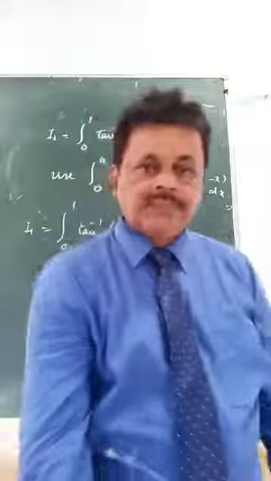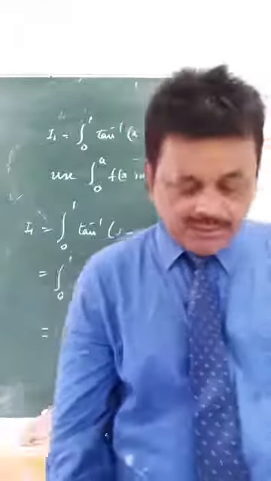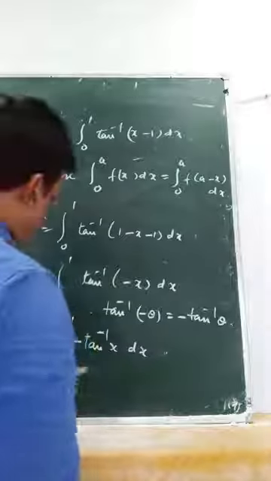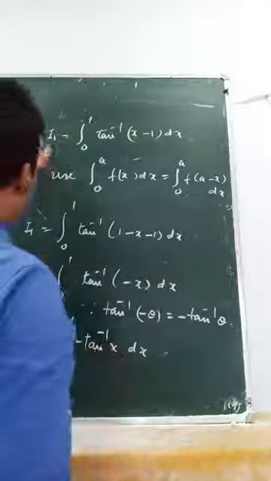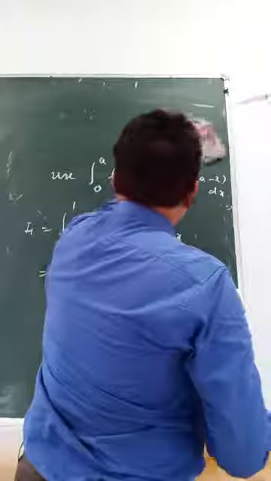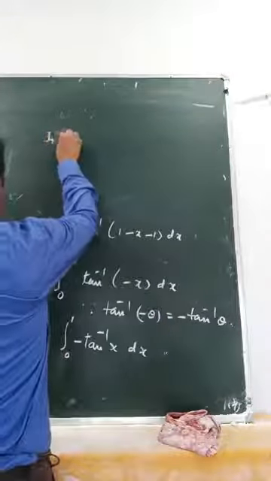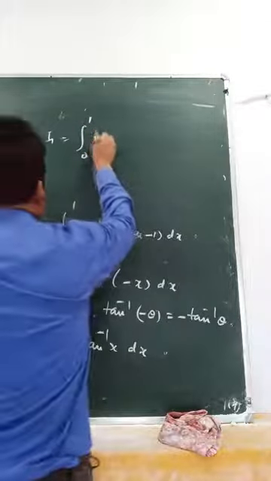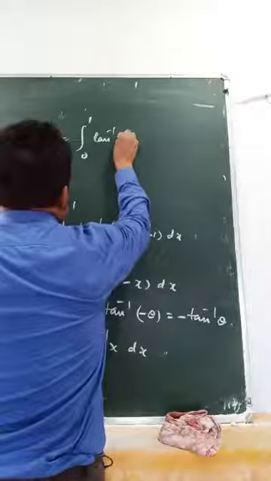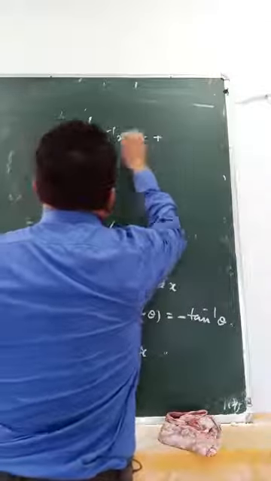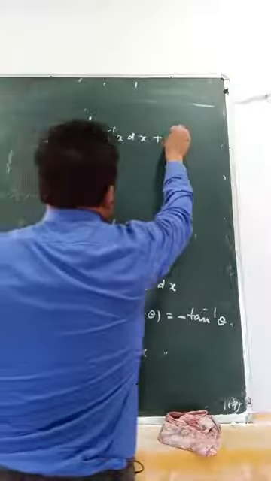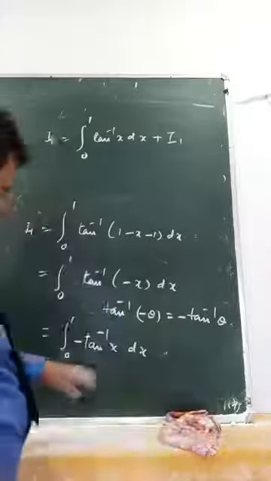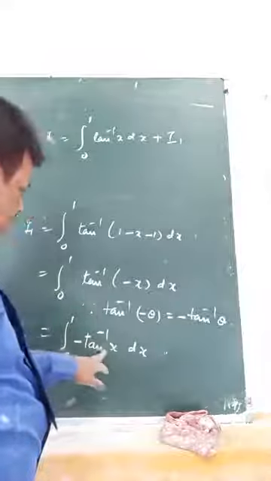Okay. Then if I put those values there, so what shall I get? Now what is your I1? Look here. So I was 0 to 1 tan inverse x plus I1. So in place of I1, how shall I write this one?